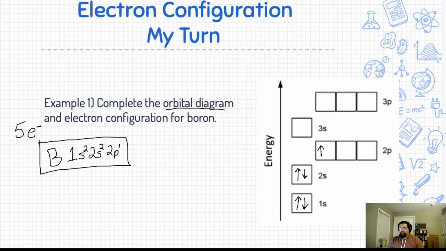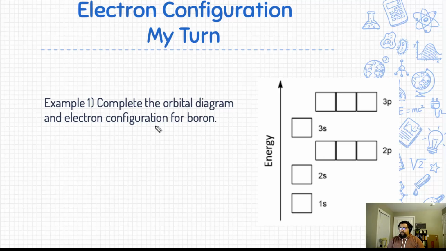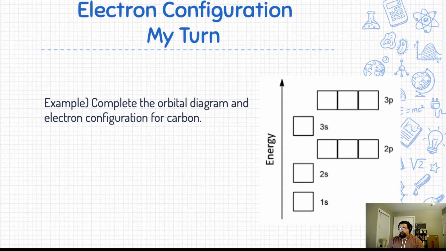All right, let's try another. Now we're going to do carbon. With carbon, we know that there are 6 electrons. So we're going to start off with this 1s.